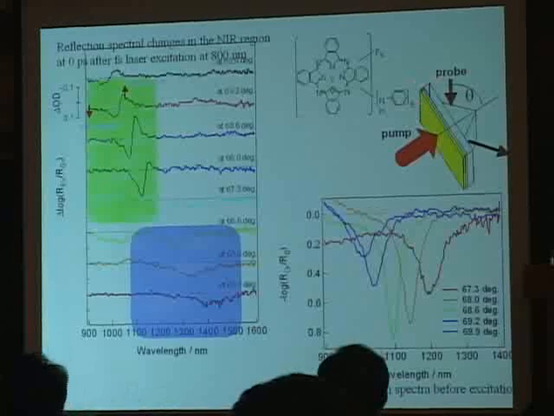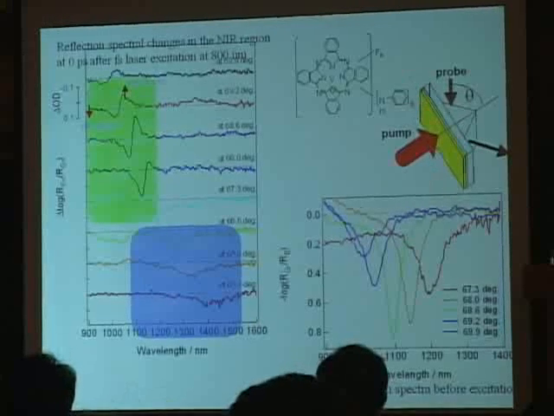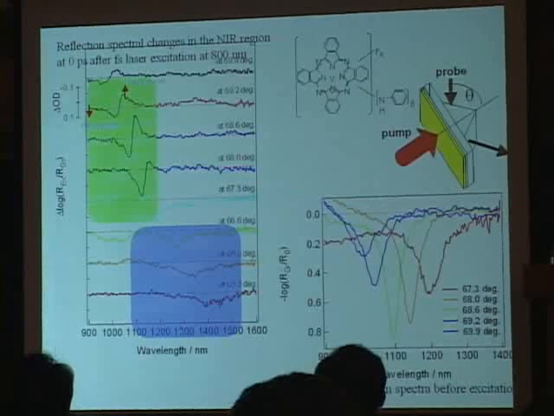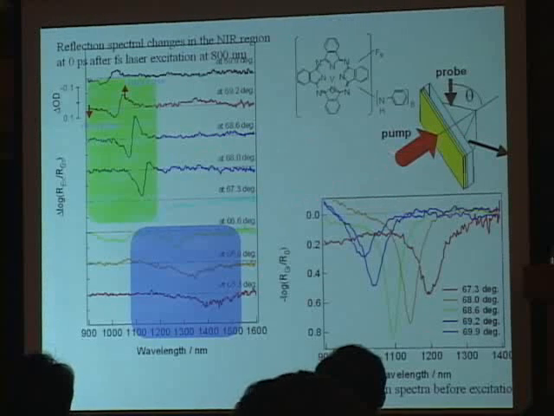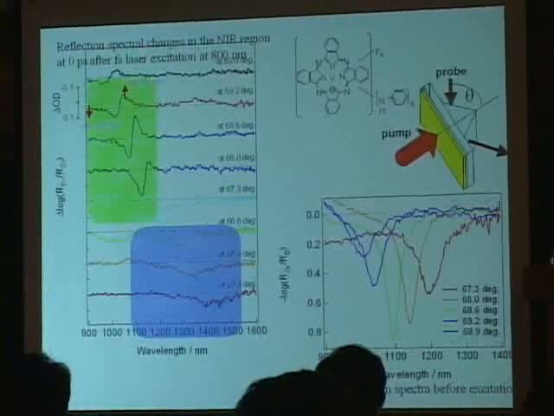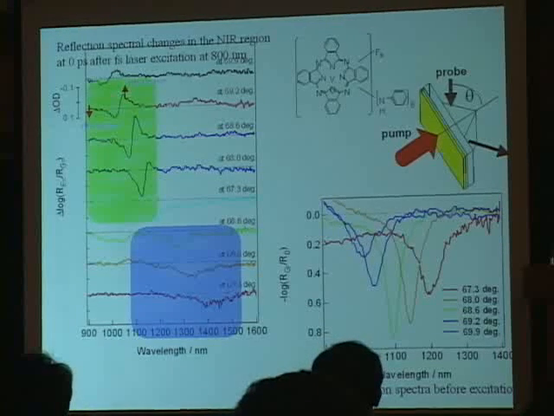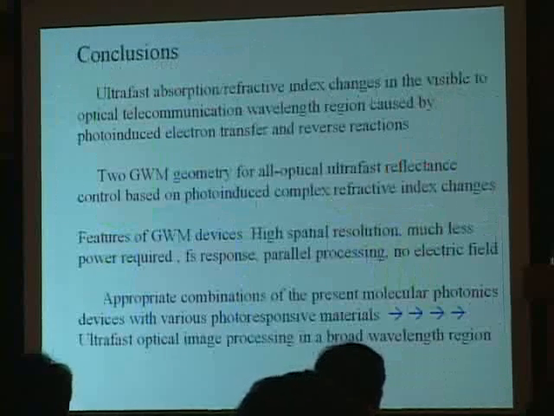We also used a Cytop layer, and then we observed this guided wave mode by using this light. This is at 0 picoseconds after excitation. So depending on the incident angle, we can tune the change of the reflectance as shown here.